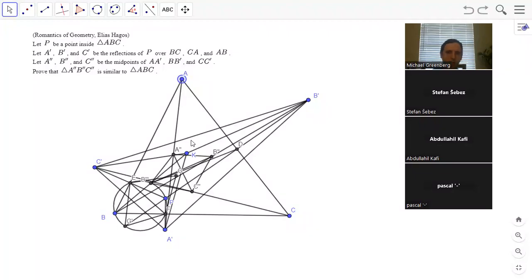So you reflect P over AC to get B prime, then you take the midpoint, get B double prime, and then you reflect it. Yeah, see the reflection, the problem is the definition of B triple prime depends on the definitions of these two, which are not obvious.